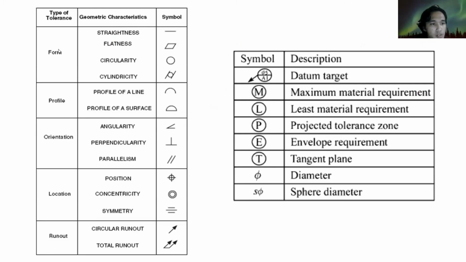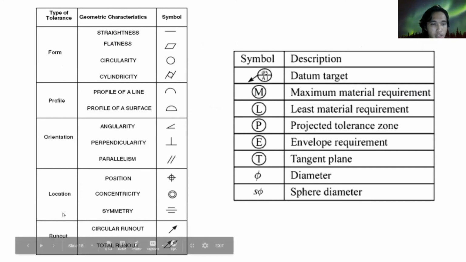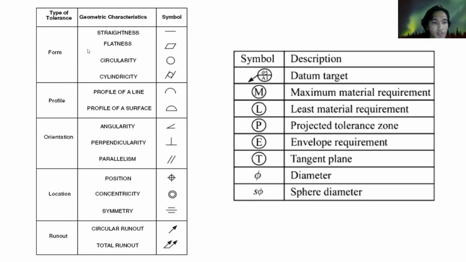For the types of tolerance, there are form, profile, orientation, location, and runout. For the geometric characteristics of form, there are straightness, flatness, circularity, and cylindricity, with these symbols. For profile, there is profile of a line and profile of a surface.